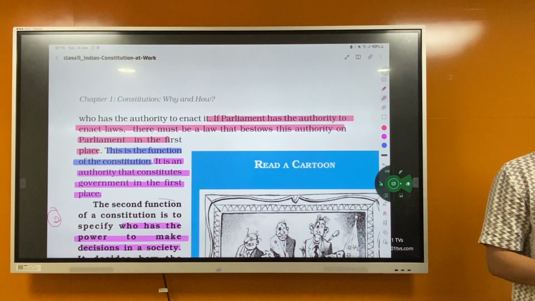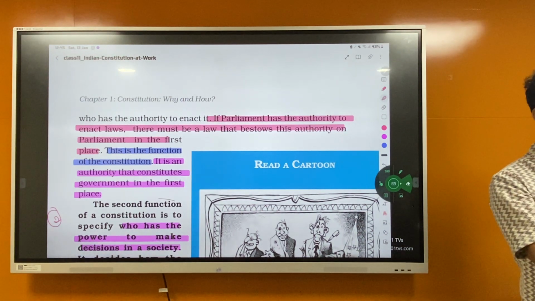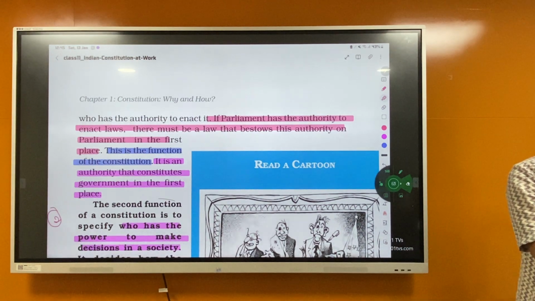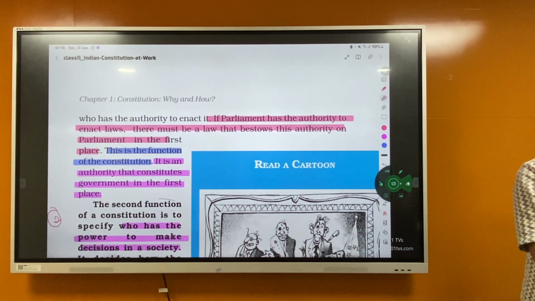Whatever laws are made, he has to basically give the assent. Assent means to give permission. The President will give permission for all the laws which are passed, but he has certain powers also. Without his assent or permission, the law will not be made an act. It will not have any legal backing if the president or the governor has not given his signature.